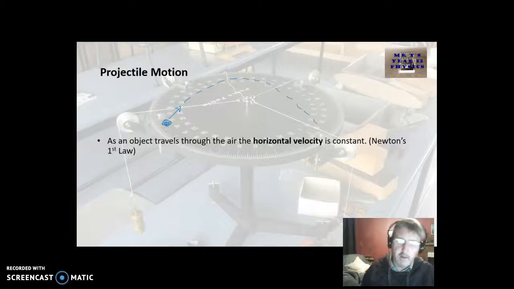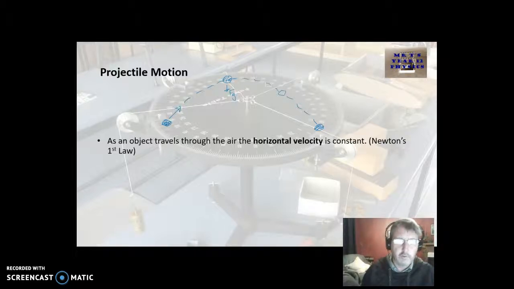Now you can only undergo projectile motion if there are no forces acting on the object once it's been released, except for the force of gravity. That's the only force that can be acting on it.